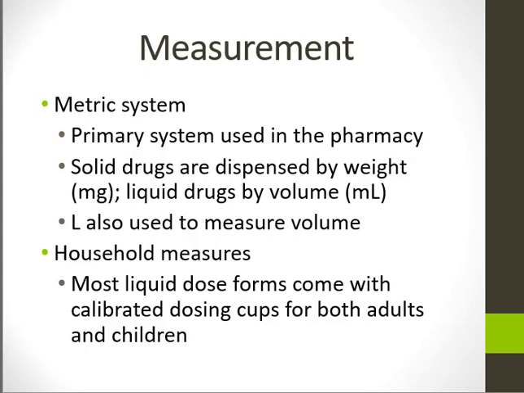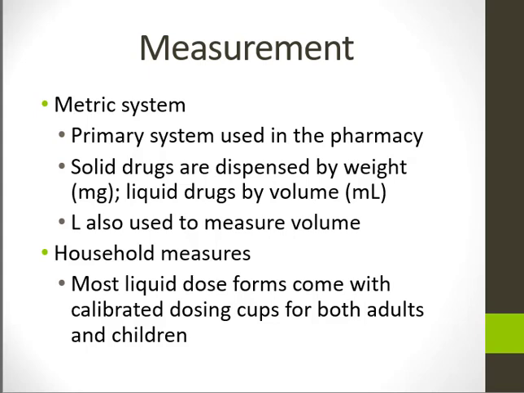So household measures. If the doctor wrote on the prescription pad, this person should take 5 milliliters of whatever the drug is every 4 hours, most people don't know what 5 milliliters means in the household system.